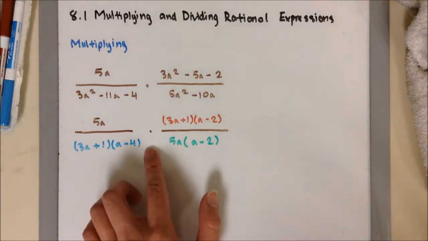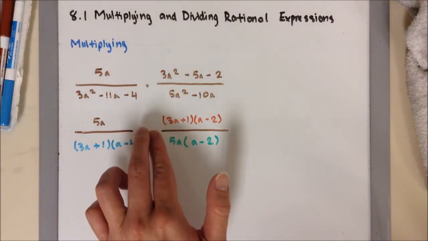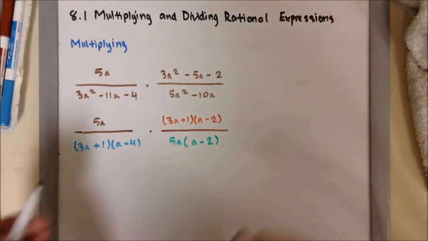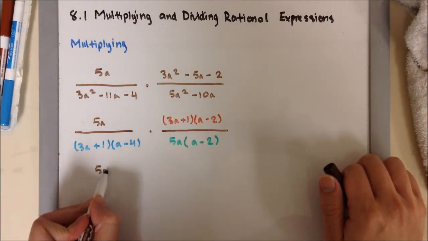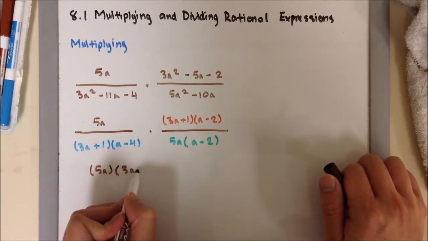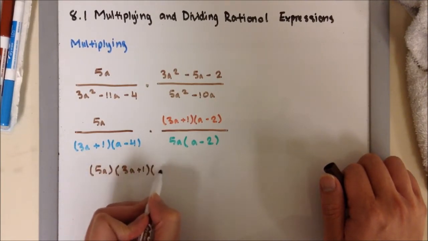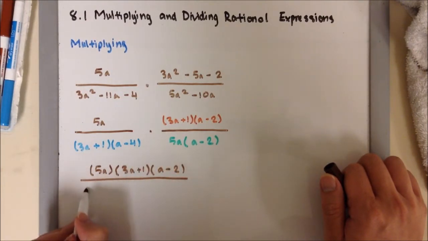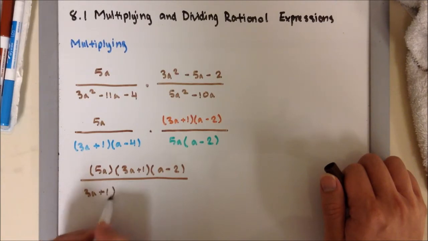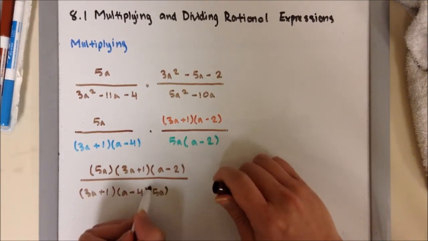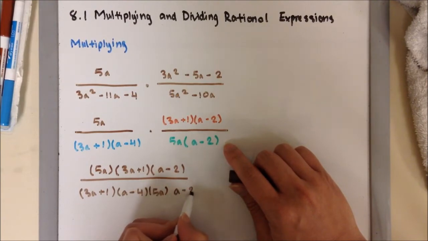Now, since it's multiplying, I'm going to put the numerator factors next to each other, and put the denominator factors next to each other. So, I'm going to have 5a, parenthesis because I'm going to be multiplying, 3a plus 1 and a minus 2 over 3a plus 1, a minus 4 times 5a times a minus 2.